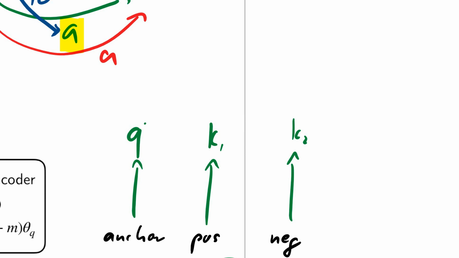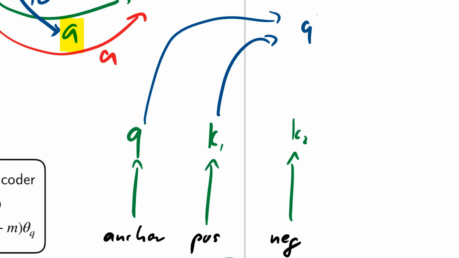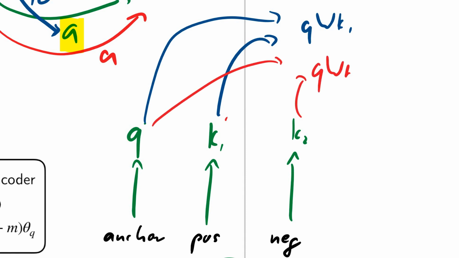A bilinear product is simply, you can think of it as an inner product in a perturbed space that you can learn. So these two here go into QWK1, and then these two here go into QWK2.